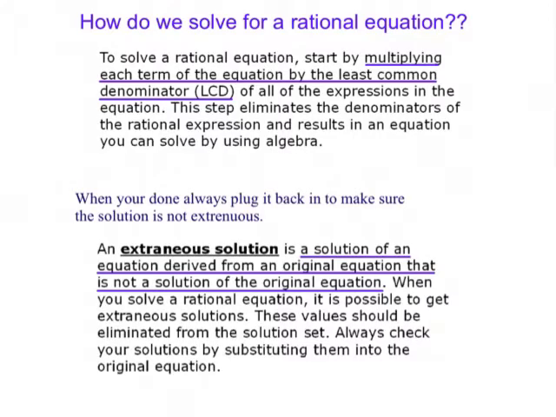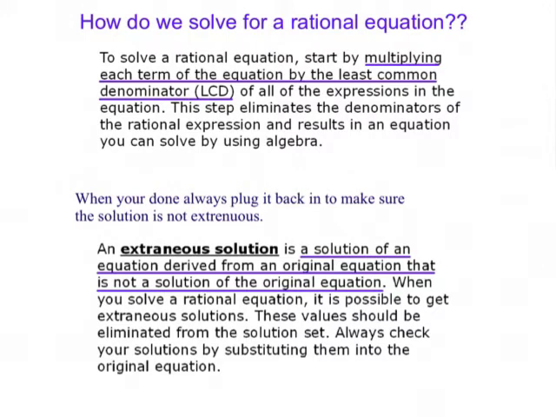In this slide, we're going to look at how we're going to solve rational equations. In solving rational equations, we want to find the LCM. We're going to take that LCM, it becomes our common denominator, our least common denominator, and we're going to multiply each term of the equation by that least common denominator.